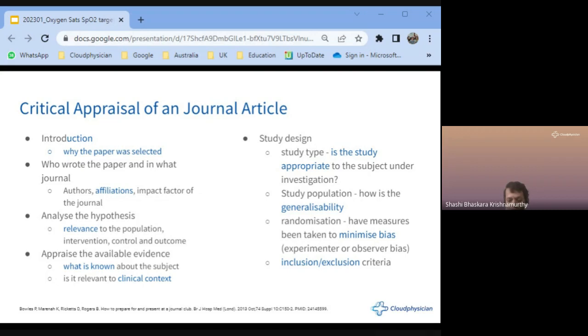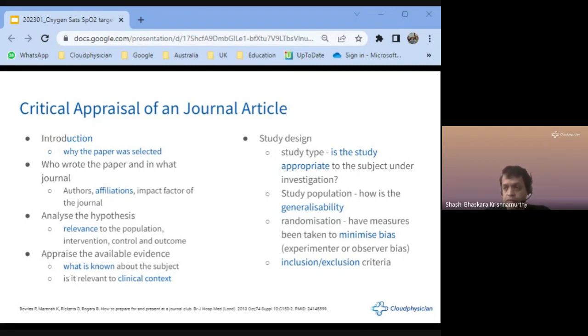Then we need to analyze the question which has been asked in these particular articles, the relevance to the population which they're looking at, what is the intervention, and how have they used the controls in their study, as well as what the outcome is, and is there a clinical relevance for the outcome.